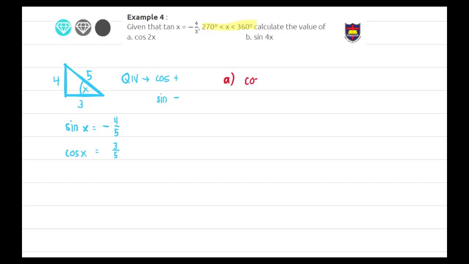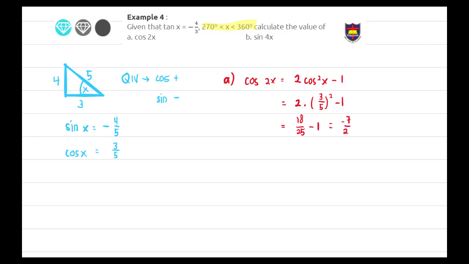For cos 2x, you can choose one of the two formulas available, which is 2 cos square x minus 1, which I use here, or the other formula 1 minus 2 sine square x. Here, if it is cos 2x and 2 cos square x minus 1, I can substitute cos x 3 over 5 square here minus 1, so it becomes 18 over 25 minus 1, so the result is minus 7 over 25.